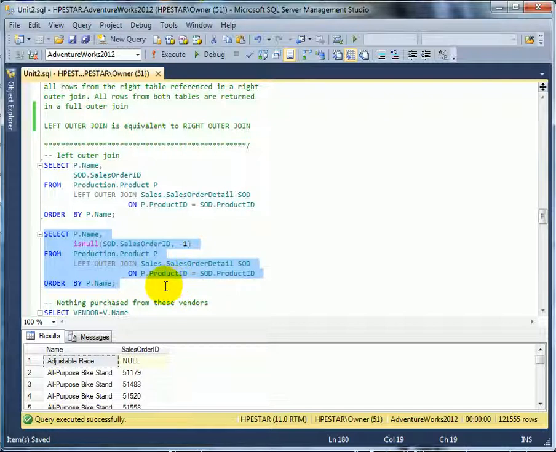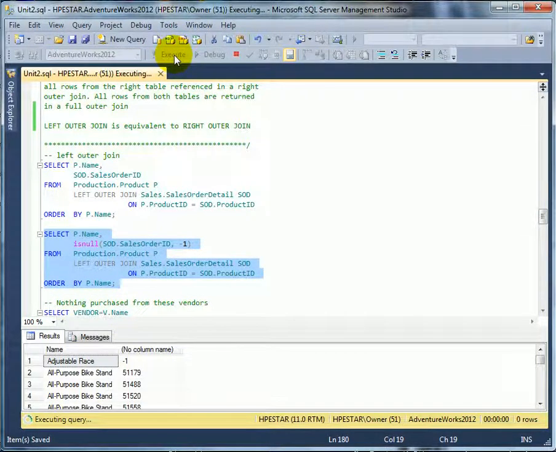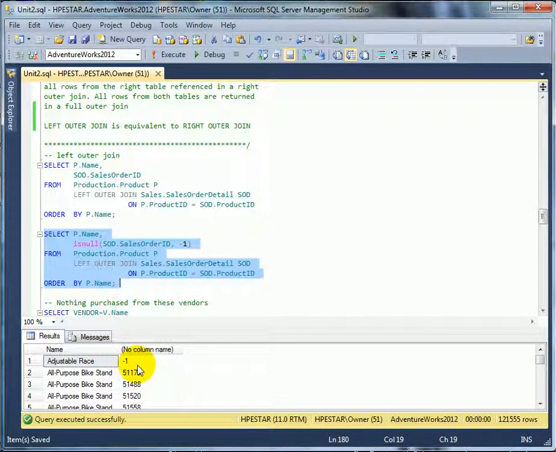In this case, we use the isNull function to make this column filled with numbers completely instead of null. So we put -1, and we know that -1 indicates that there is no match.